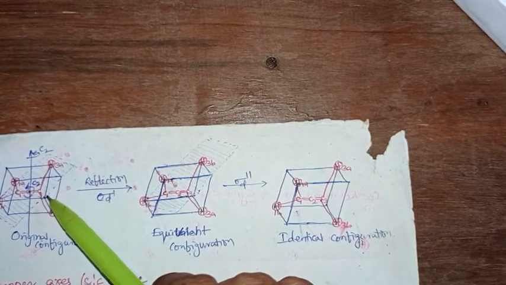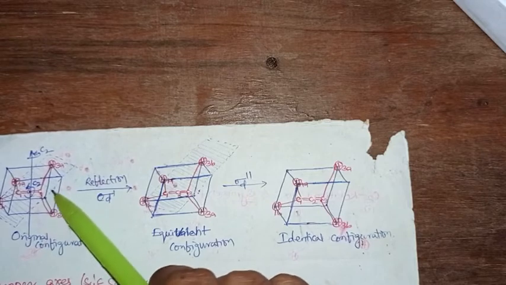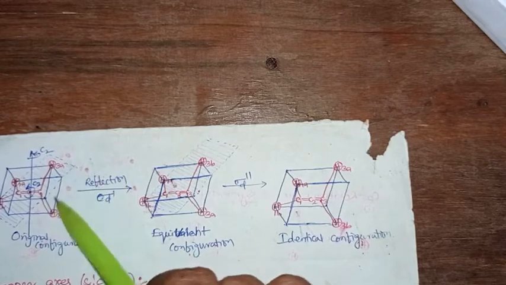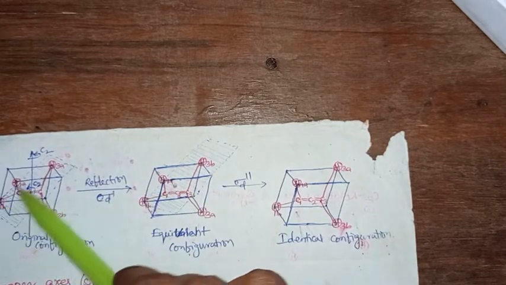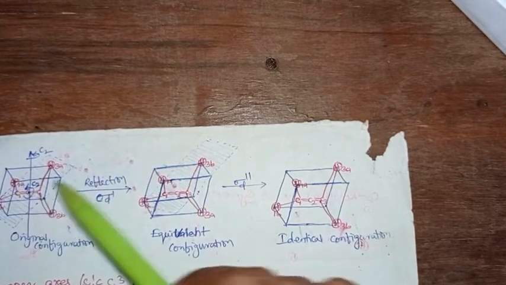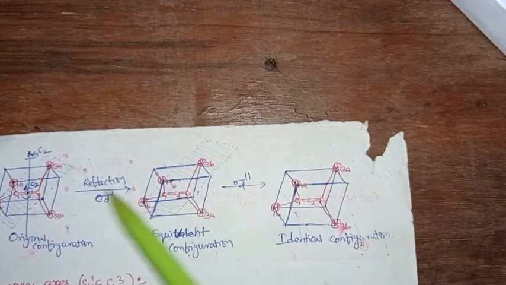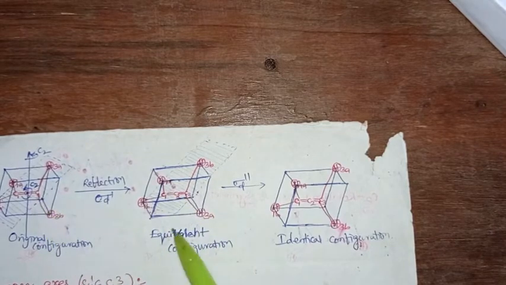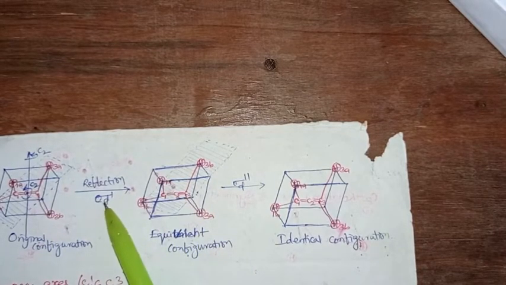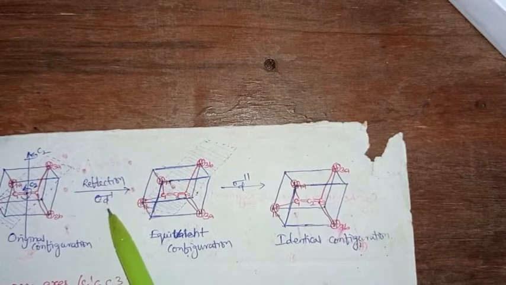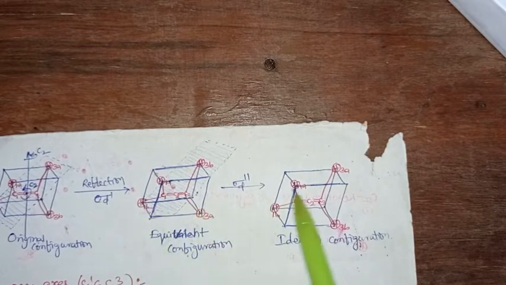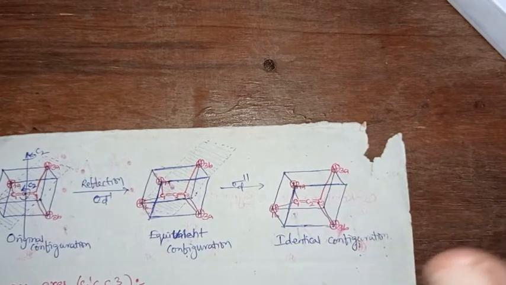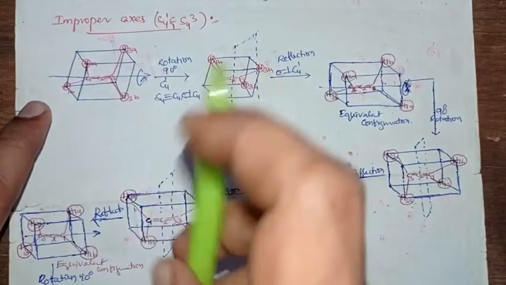The plane will be in the middle of these two hydrogens, where the two get reflected into each other. Other than that, the hydrogens and carbons retain their position. Then when we compare the generated configuration with the original configuration, it is an equivalent configuration. That is how another dihedral plane can be generated, and doing it a second time gives an identical configuration, right? And the allene will have an improper axis.